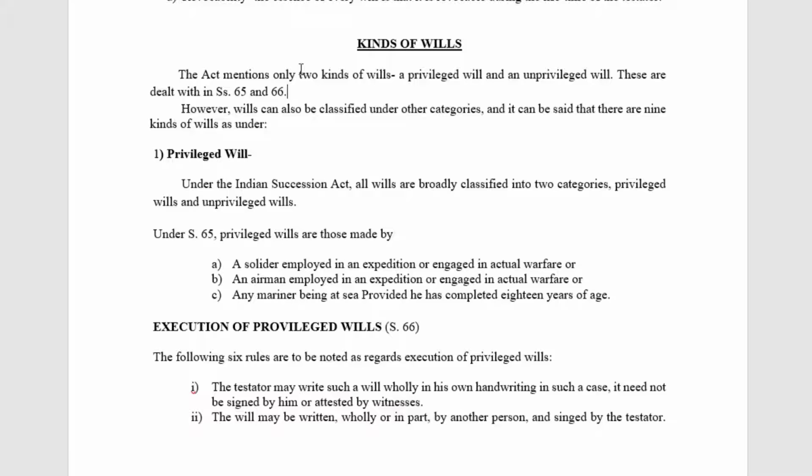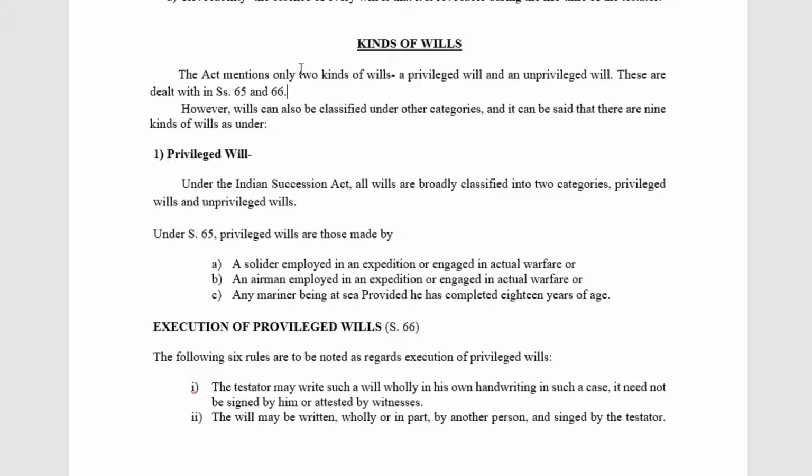Because of the special criteria of these people, certain categories of persons can make a privileged will. The rest of the persons can make the unprivileged will. So let us see who these privileged people are.